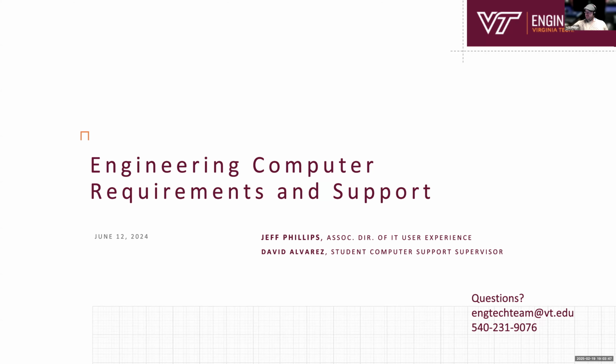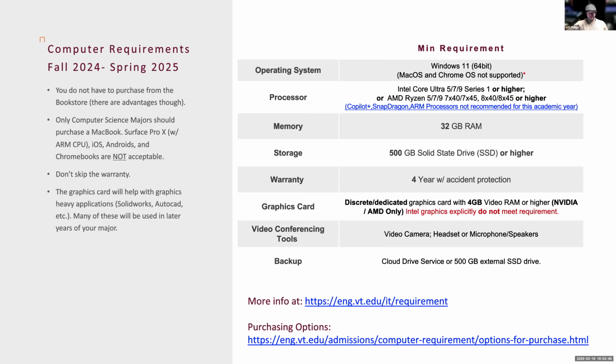My colleague David, I don't think he's here right now, but I'll be covering his part as well. So this year the computer requirement hasn't changed much from last year. It's still a pretty beefy machine. Let's see here, I'll go through just a bit. I don't need to read them in too much detail because you can see.